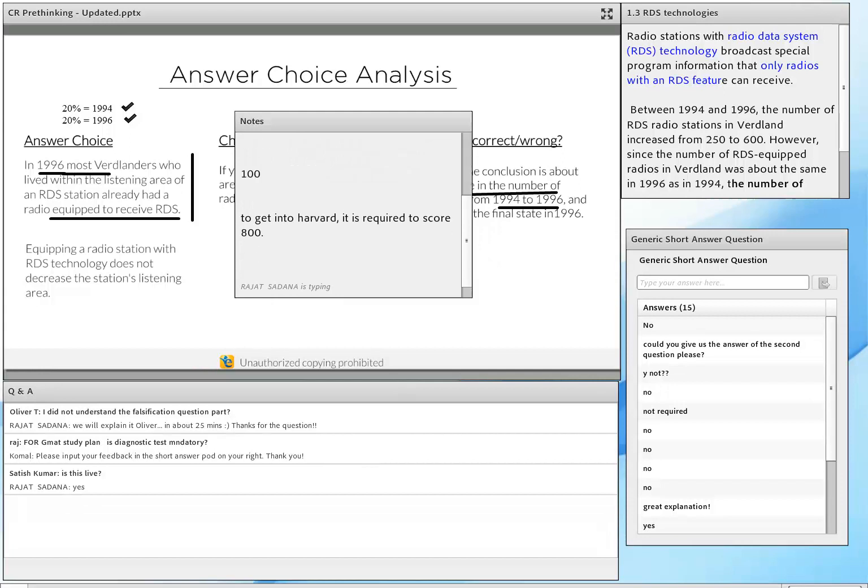Maybe Harvard, for example, takes in 1,000 students. Now, 100 of them scored 800, applied, and got into Harvard.